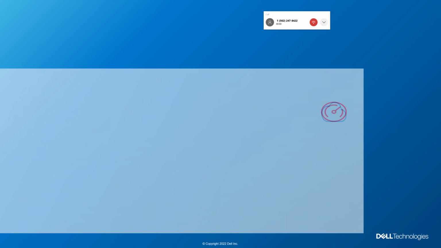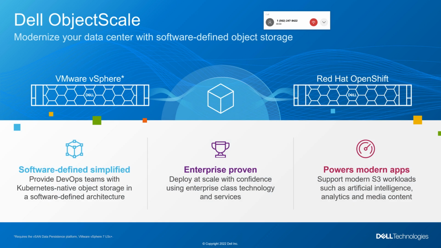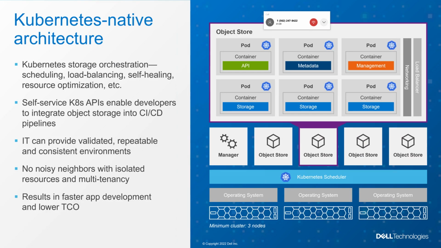And so we released just recently our new platform, or I should say software-defined platform, which is ObjectScale. ObjectScale can be deployed in a couple of different ways. It is very much a developer-friendly platform. What I mean by that is it's built on an architecture that allows a lot of flexibility, and that flexibility is really driven by the Kubernetes-native architecture.